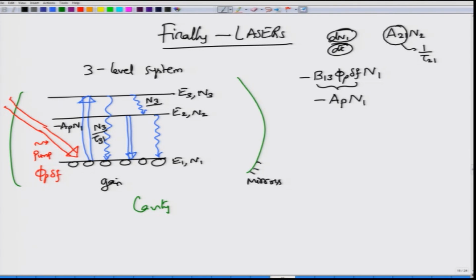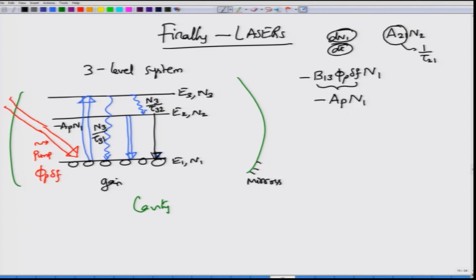This reaction on the other hand will give out spontaneous emission, so I have to change this one: instead of a wavy line, I make this a straight line. Now, this interaction from E3 to E2 is a non-radiative one, so that would be N3 divided by tau 32. Notice that we are writing this as tau 32 because you are going from energy level E3 to energy level E2.